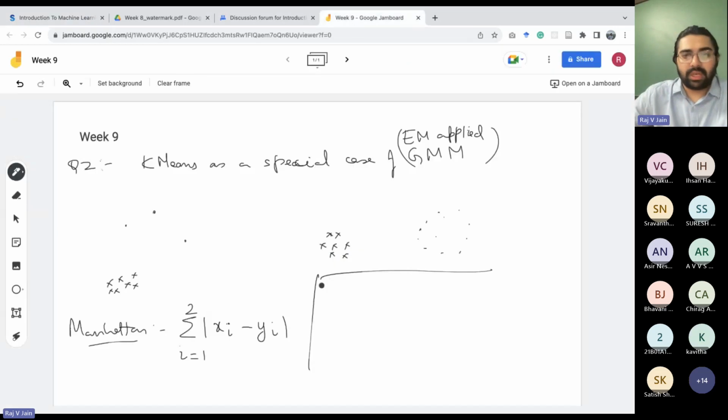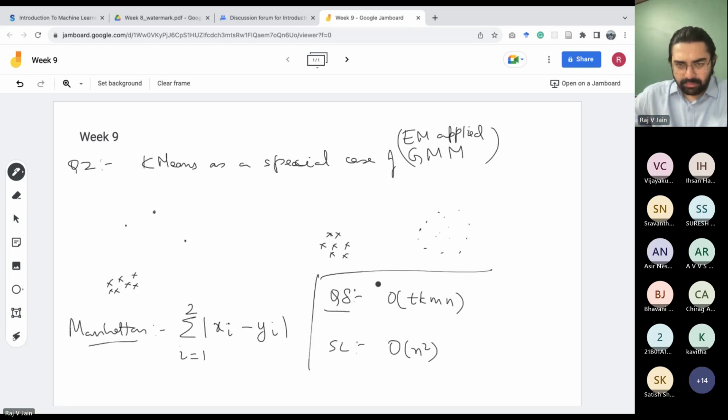So in question 8, k-means is order of TKMN, if I'm not wrong, and order of n squared is single linkage clustering, right? Here, T is the number of iterations that you want to do.